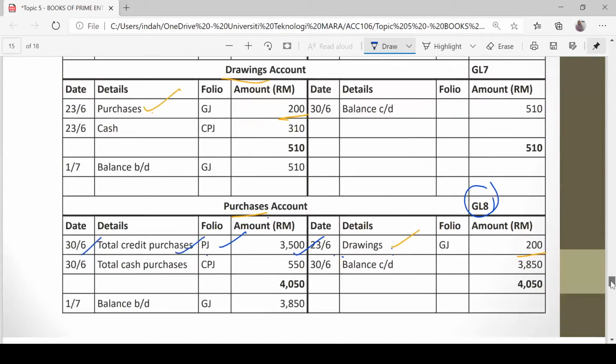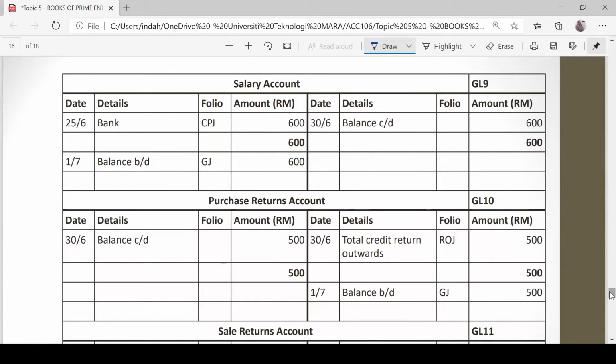So how do we post to the ledger? The amount is 500, from the return outward journal, total credit return. Because we take the total, we transfer here only the total. You don't have to show one by one the returns made by the supplier. We just take the total and transfer to the purchase return account. We do the same for the sales return account.